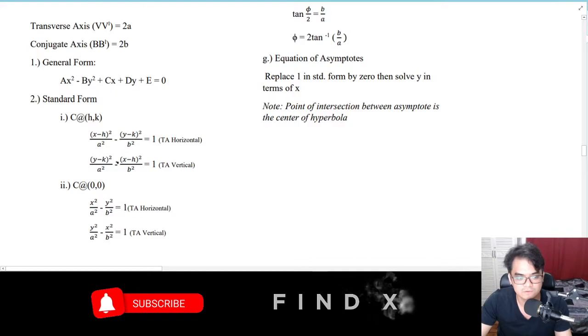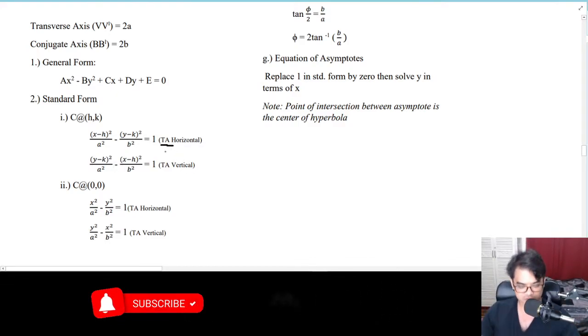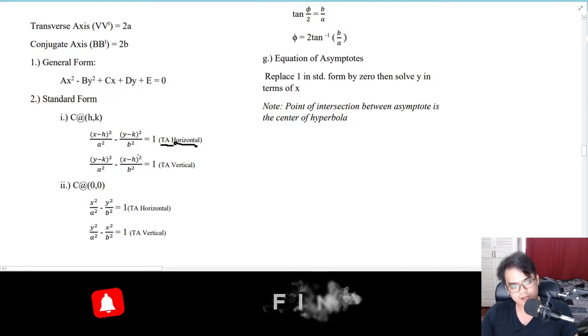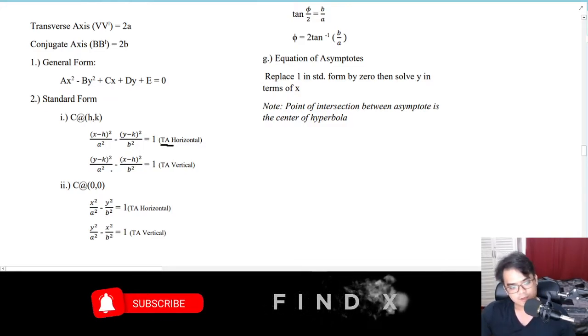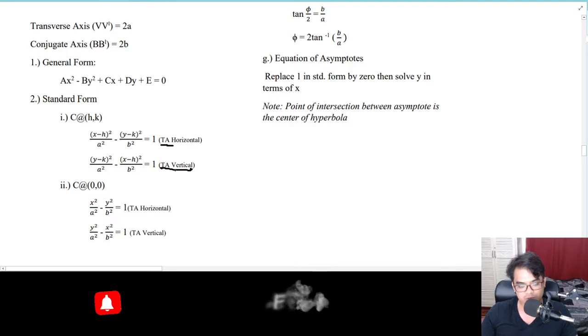Okay, this is negative. So we have the transverse axis, which is horizontal. And then we have here y minus k squared, which is the transverse axis, will be the vertical.